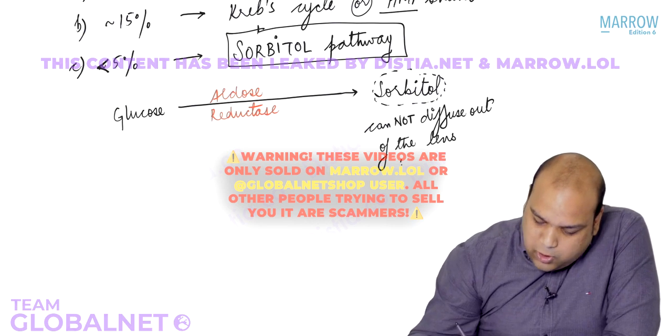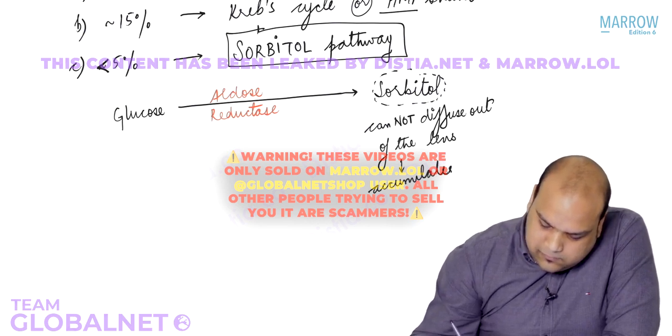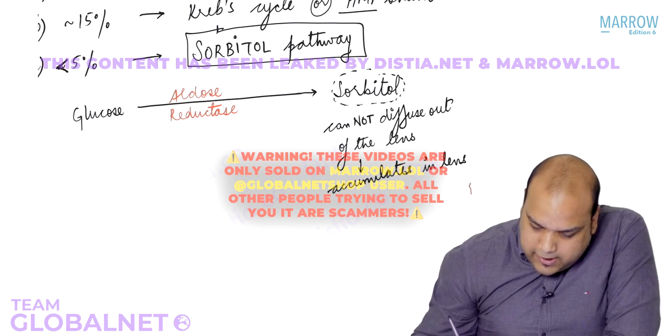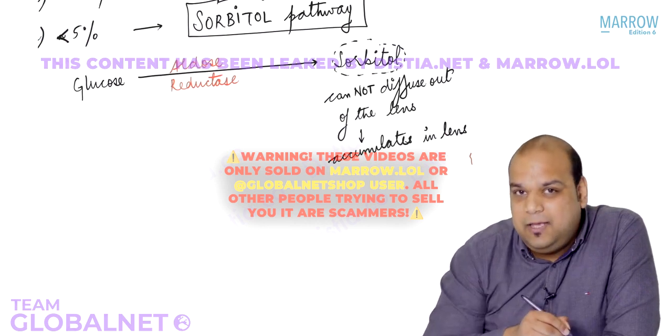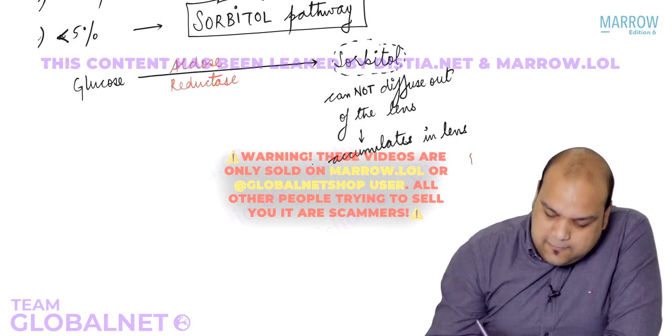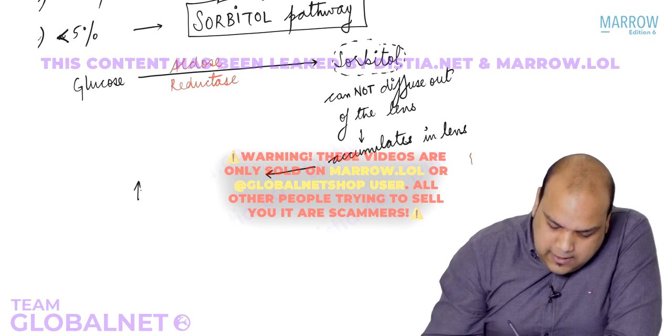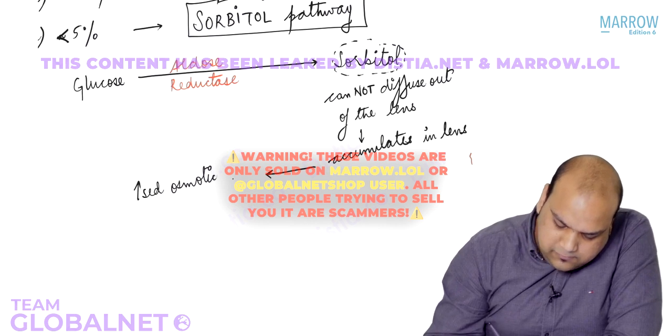So basically, sorbitol accumulates in the lens. It is a sugar, everybody. When a sugar accumulates in the lens, what will occur? There will be increased osmotic pressure.